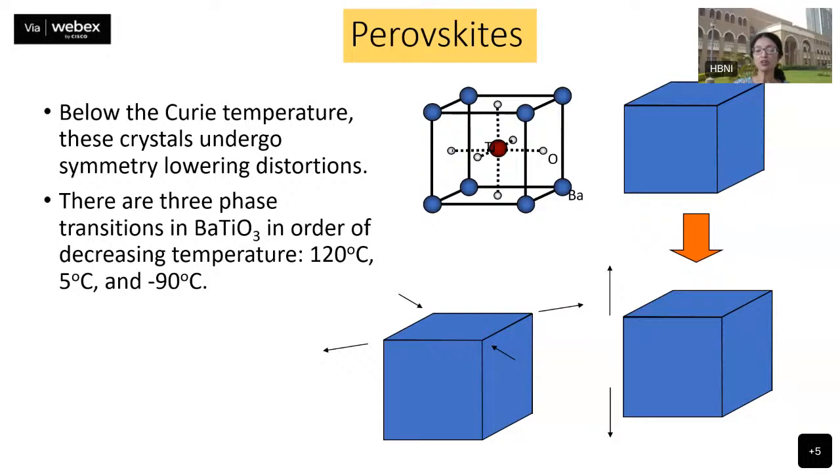If you consider barium titanate, another well-known perovskite material, there are 3 phase transitions in order of decreasing temperature: at around 120 degrees centigrade, then at 5 degrees centigrade, and then at minus 90 degrees centigrade. These are the 3 phase transitions where it lowers the symmetry.